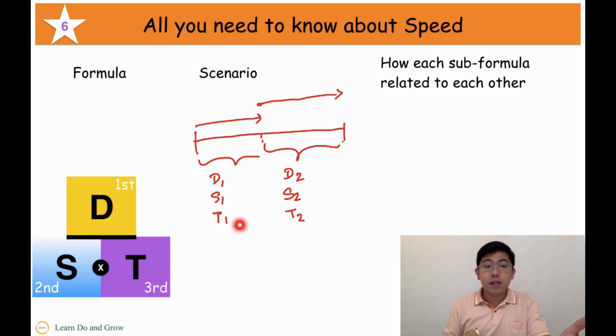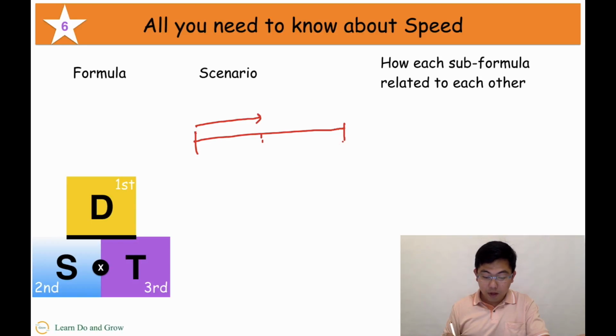The reason is each scenario has a different situation. For this situation, S1 might equal S2, but in this case, I just label like this first. Okay, that is one object moving.